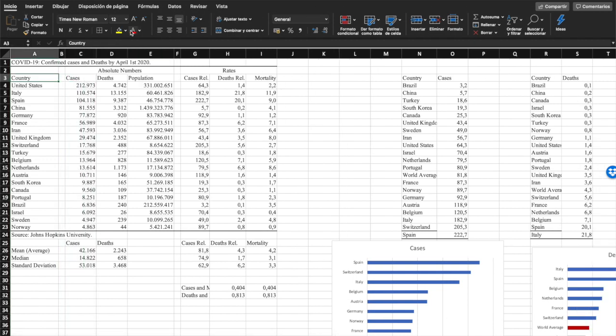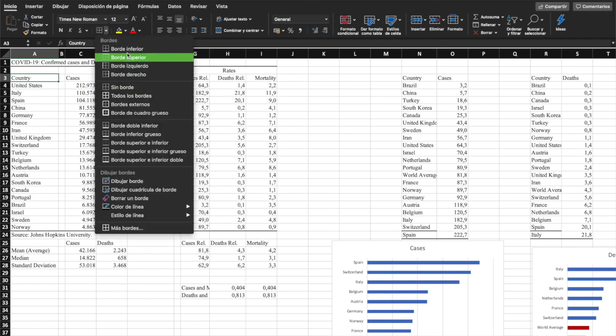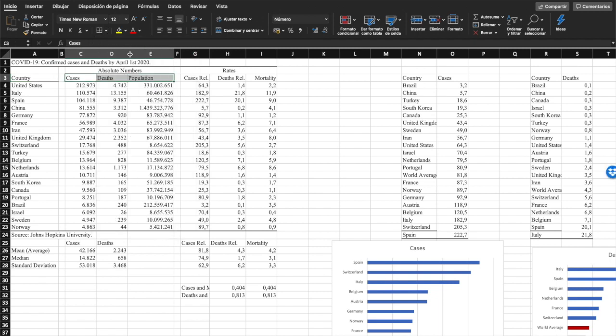I'm creating some divisions here that make it easier to understand what's in each column.